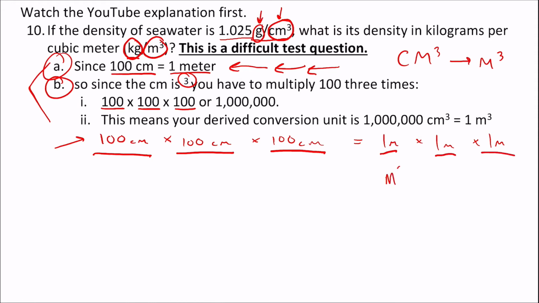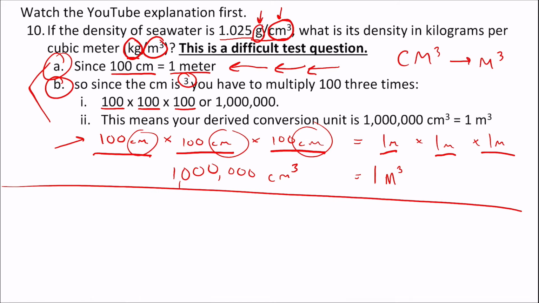This gives us that meters cubed, and because it's 1 times 1 times 1, it's 1 cubic meter equals 100 times 100 times 100, which is 1 million. And then the centimeters are cubed because you have 3 of them. Okay, that's our conversion factor.